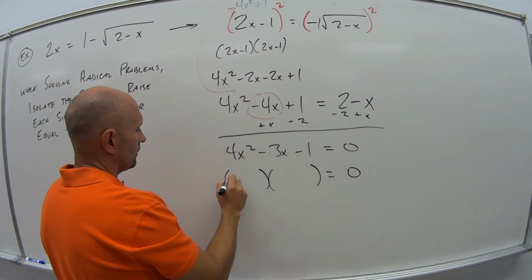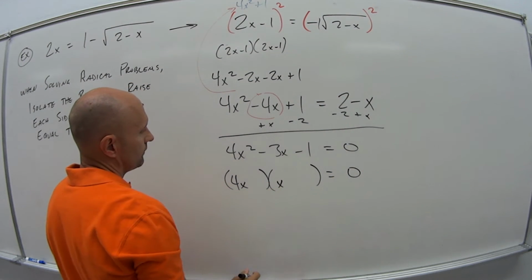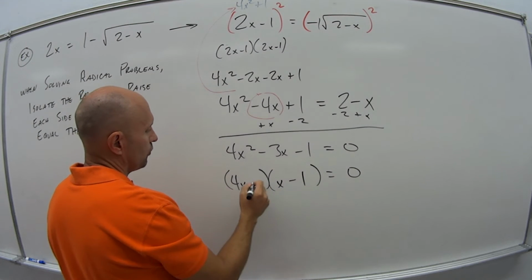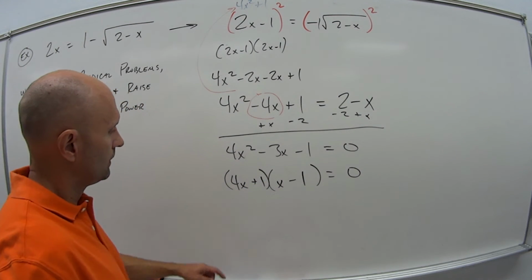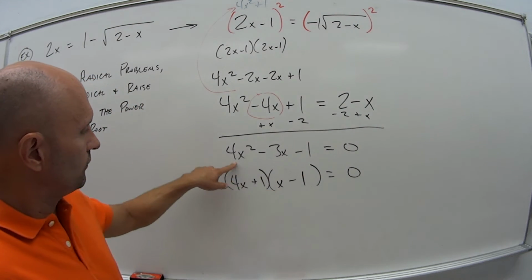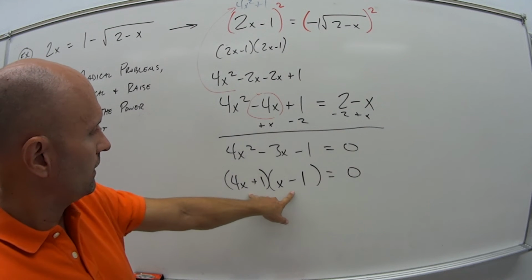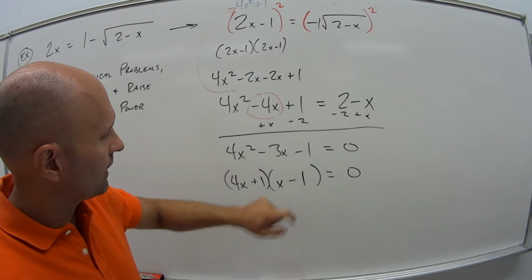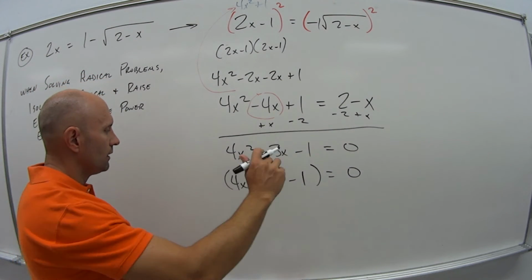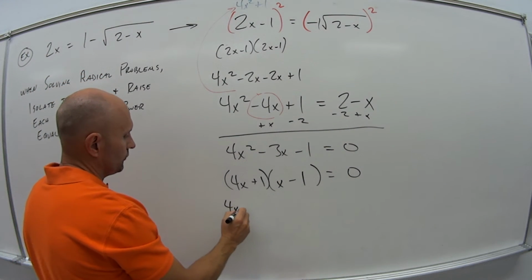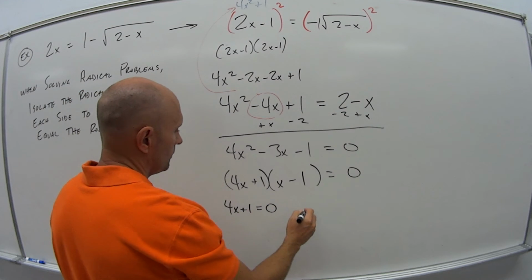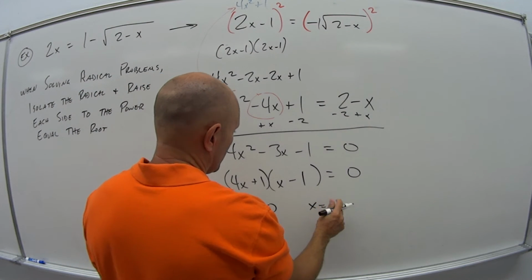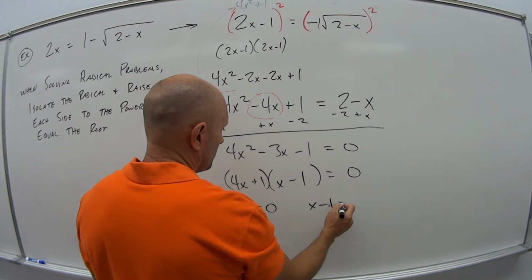So I get 4x and x, and then minus 1 plus 1. So 4x times x is 4x squared, minus 4 plus 1 is minus 3, and then positive times negative is negative. So use our zero product rule: 4x plus 1 is 0, x minus 1 is 0.